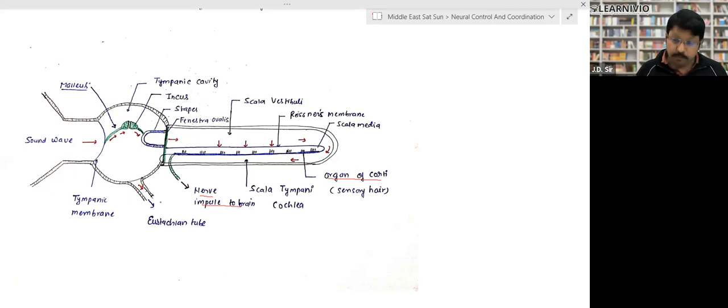Nothing has been deleted from this chapter. It was a small chapter, but the last chapter is a bit larger in comparison to the rest. That is chemical control and coordination. We call it the endocrine system, right?